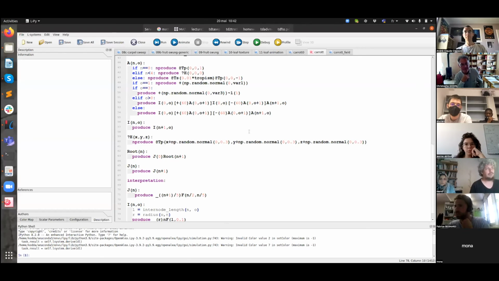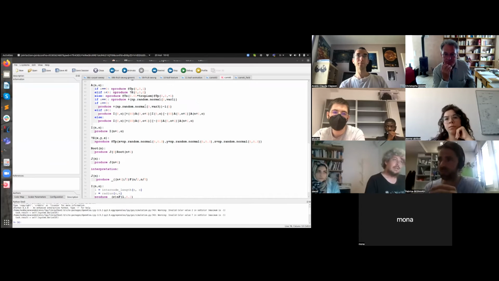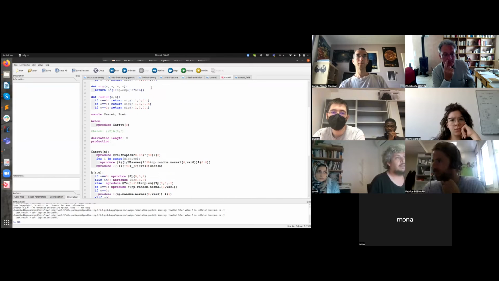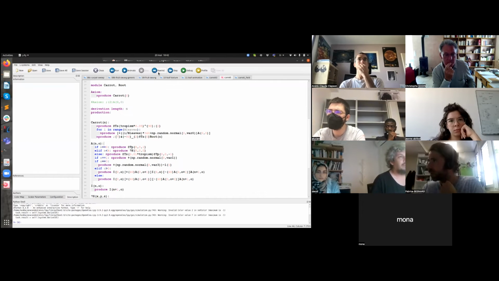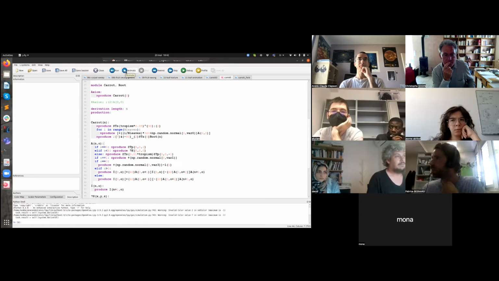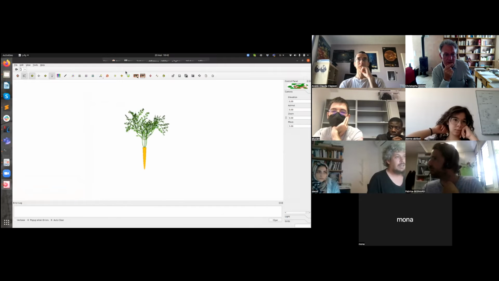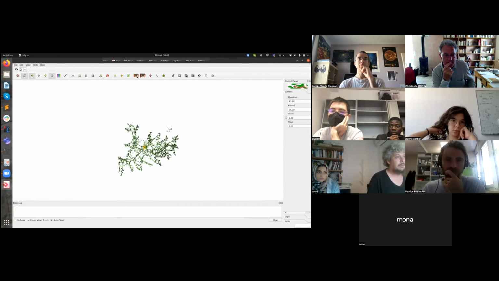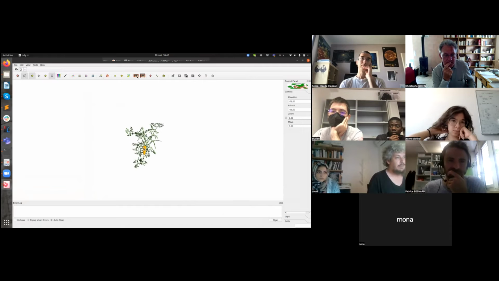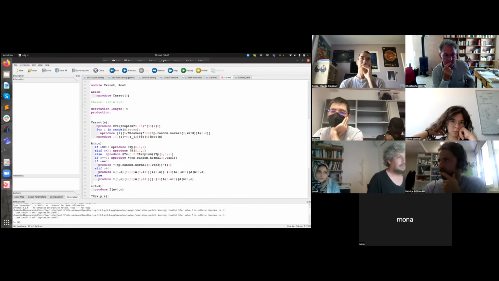But I will show you the model we developed with Christophe during the workshop. As you may remember, I went to the market to get some carrot leaves, and I wanted to reproduce the carrot. So you see here the animation of the carrot. We've got the leaves, and we've got the root of the carrot itself.